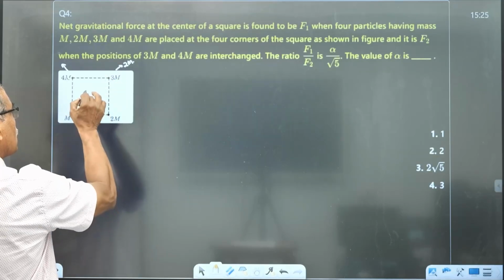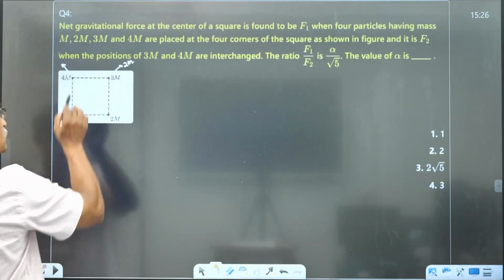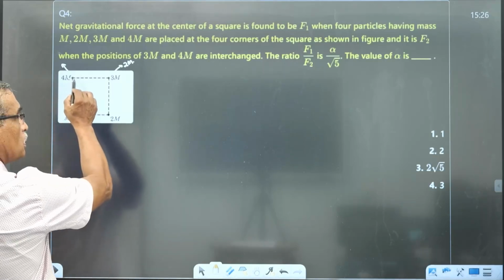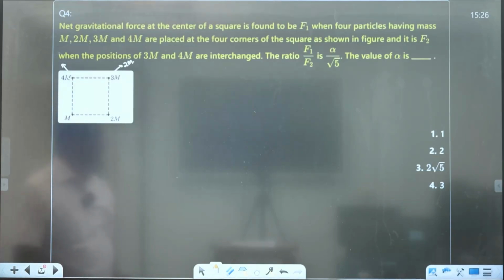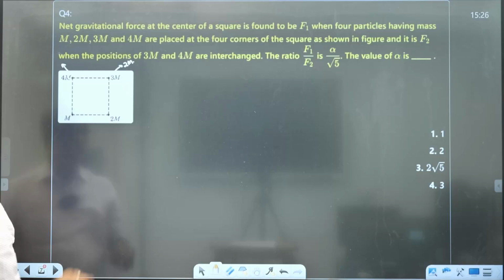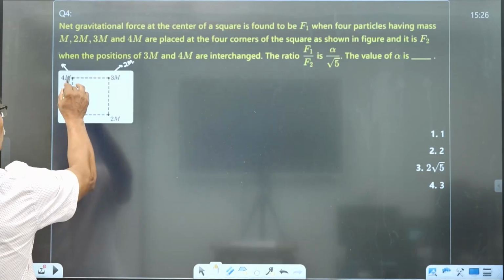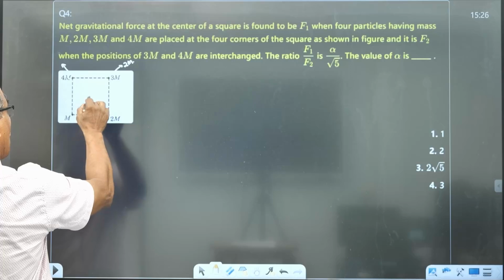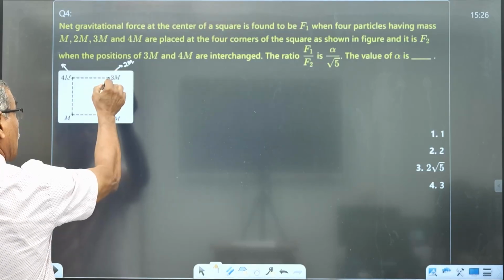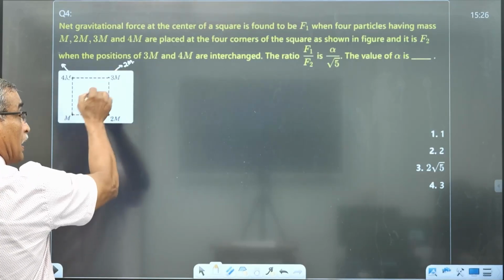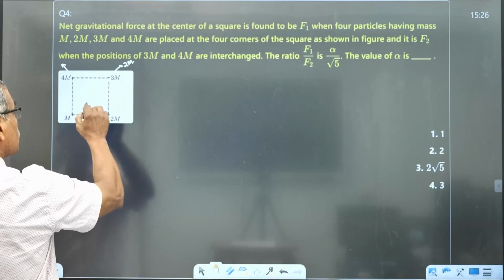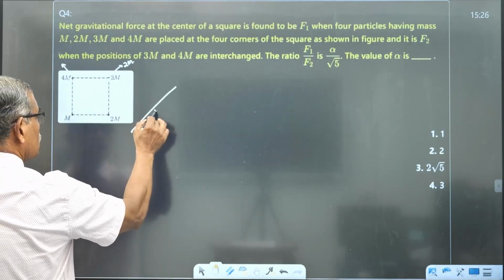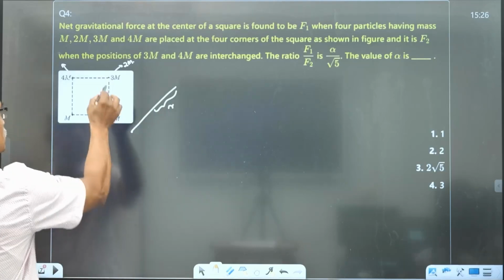It's a square, and therefore at this point, the angle between them is 90 degrees. And what about the force? The force is given by Gm by r squared, the basic formula. Here 2m and 2m, and therefore here G into 2m by r squared. Here our r is half of the diagonal of the square. Suppose this distance is r. This is r.